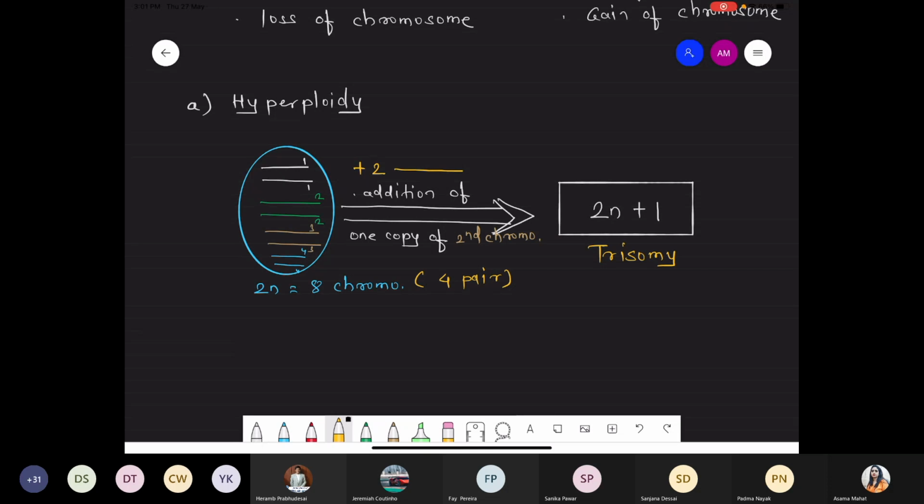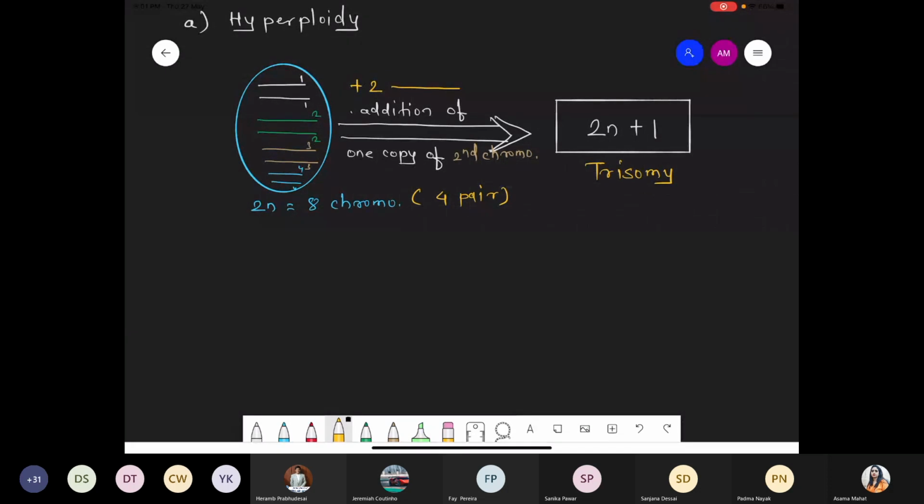Because of the addition of a chromosome. Suppose we take the same diagram, but in this same diagram the change occurs like this. Now plus 2 as well as plus 3 get added. It means that one copy of the second chromosome and one copy of the third chromosome get added.